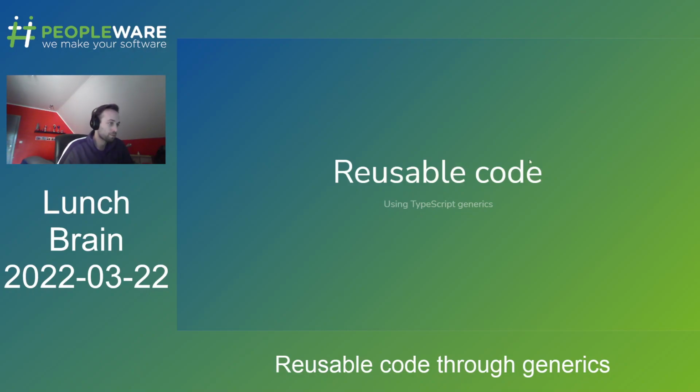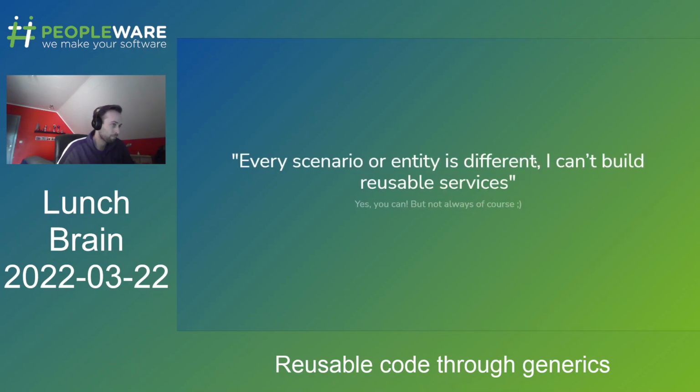First off, a misconception that I've heard often in the past few years is that every scenario or entity is different, so I can't build reusable services. I've heard it once in a while.